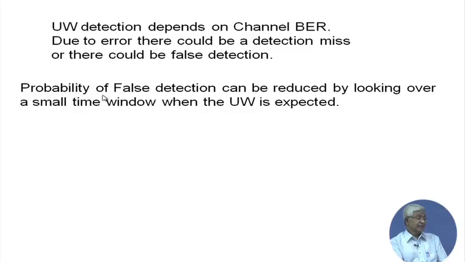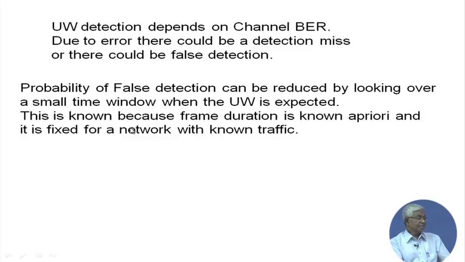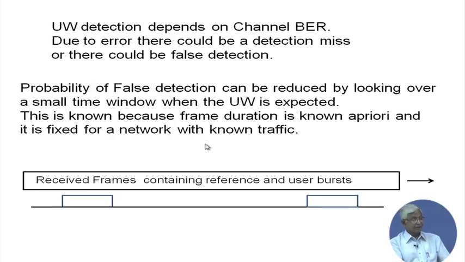Once you detect one unique word, you can generate the next unique word detection time window. So, in the data portion, if there is an error and it creates something like a unique word, you are not looking at it. This unique word time is expected because the frame duration is known a priori and is fixed for a network with known traffic.